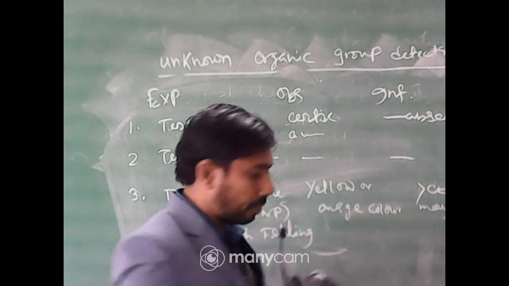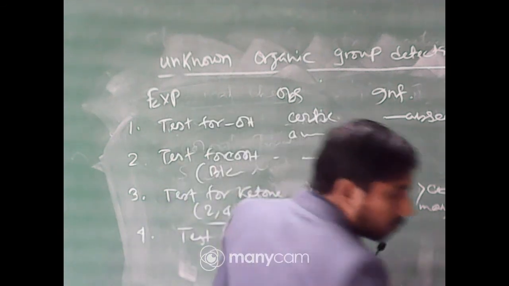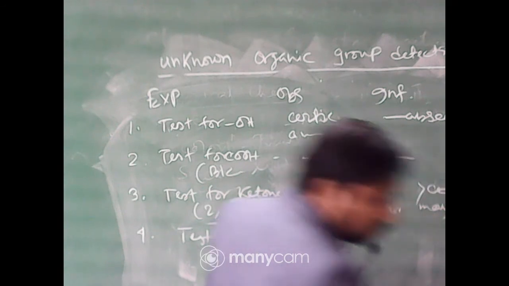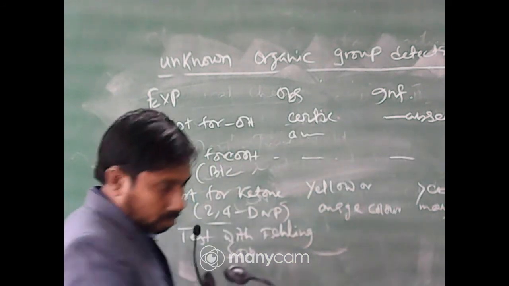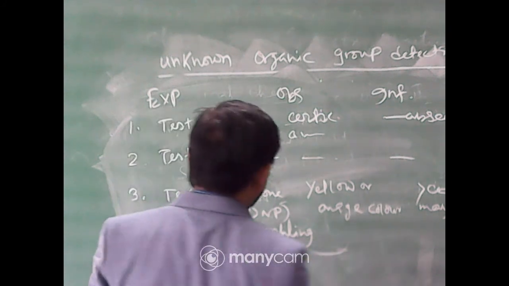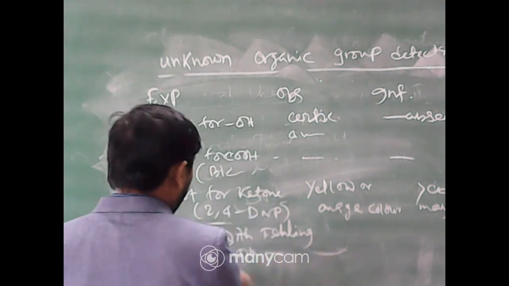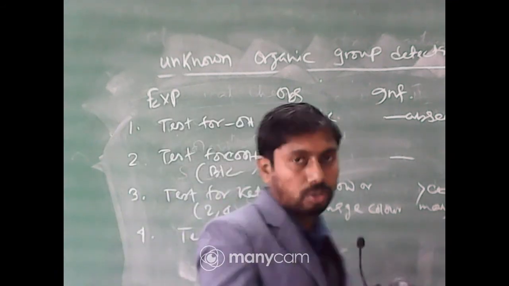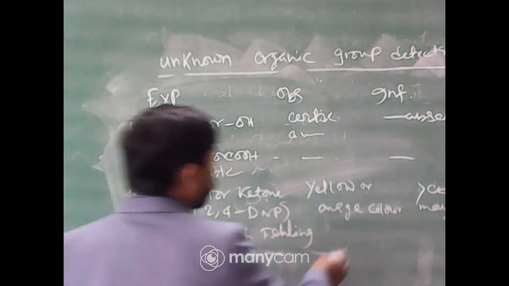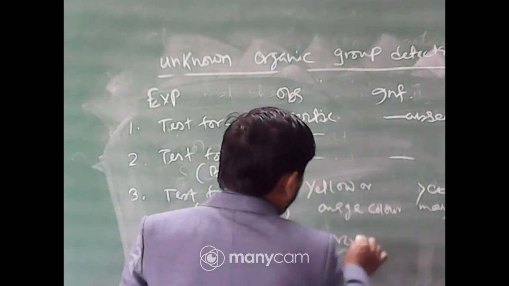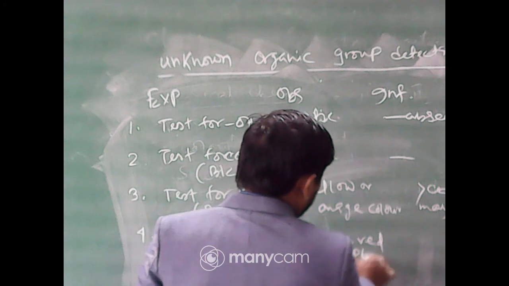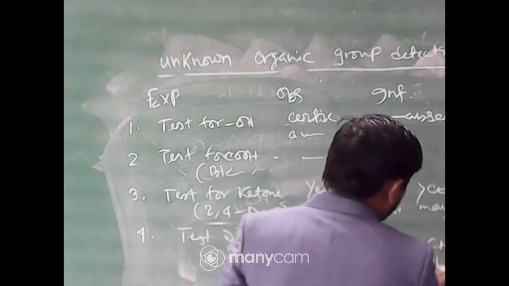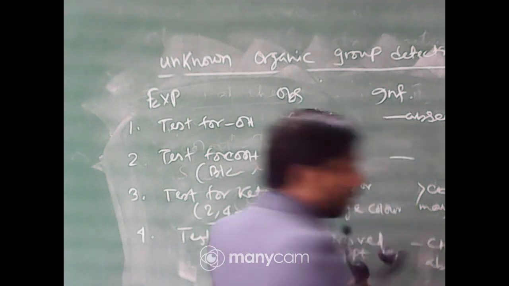Will you get the positive test here with the Fehling solution or the Tollens solution? For the ketone, we have taken the sample as ketone. Obviously, it will not show the observation, that is no red color, no red precipitate. So here you will write CHO absent. Then you have to present the ketone.